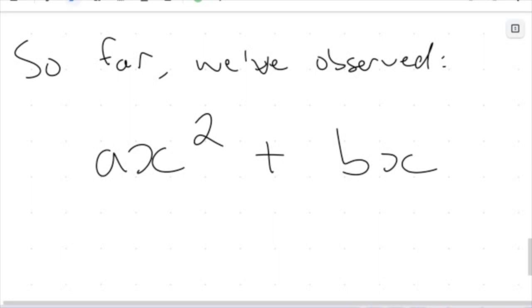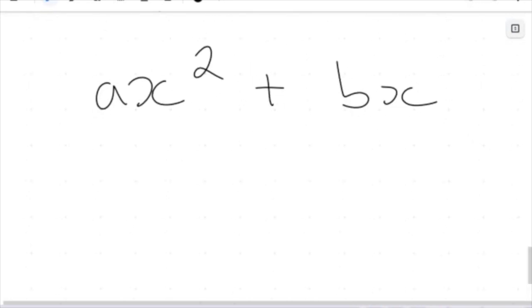And if this is new, please consider viewing some of the previous videos where our general form of quadratics are ax squared plus bx plus c. But when given something like this and finding what c to actually add on, we did a process of halving the b. So we took the coefficient of x and we halved it. Our 10 in the previous example got halved to 5. Our 2 in the first example got halved to 1.